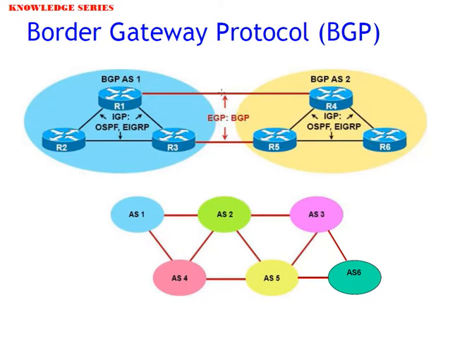So you know that the exterior gateway is basically for the different autonomous systems. Now if you look at this figure, R1, R2, R3, R4, R5, R6 are the routers running within their respective autonomous systems and communicate with each other.